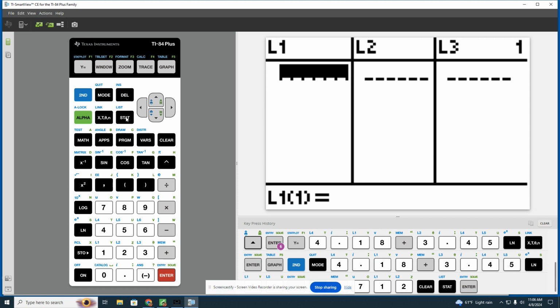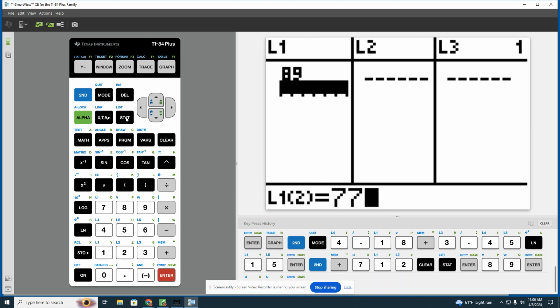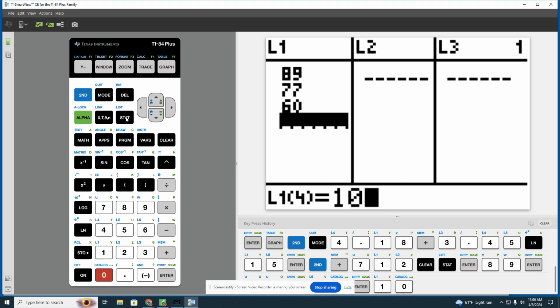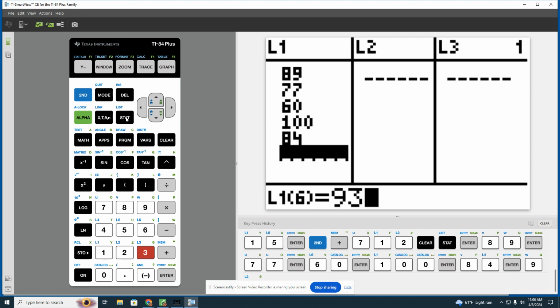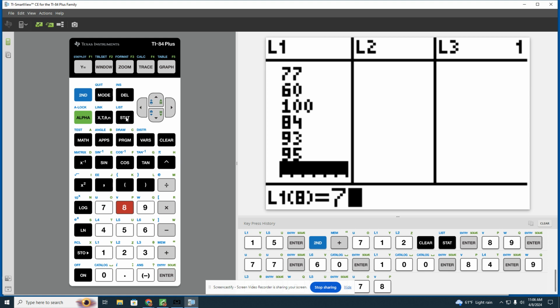Now let's enter these. Listen, don't be in such a rush you write something wrong. Literally in 3rd period today, when I was doing this, I entered a number wrong. It was the very last one. I put 85 instead of 65. Please be careful. 89. Double check it as you go. 77. 60. 100. 84. 93. 95.